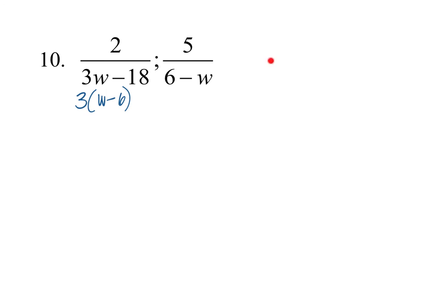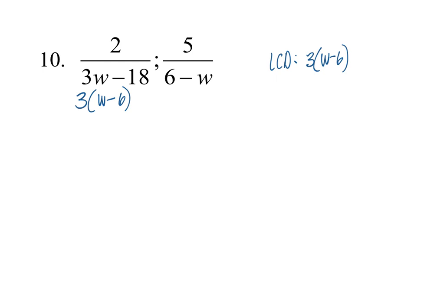So our LCD can be a factor of 3 and a factor of w minus 6, and we don't have to write down the 6 minus w, because again that's the opposite of w minus 6.